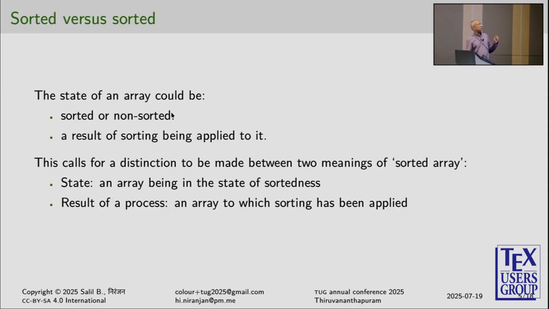The other is we apply sorting to an array, so we actually sort it and then call it a sorted array. Okay, so we need to distinguish between 2 meanings of sorted array: state, an array being in the state of sortedness, or the result of a process, which is an array to which sorting has been applied.